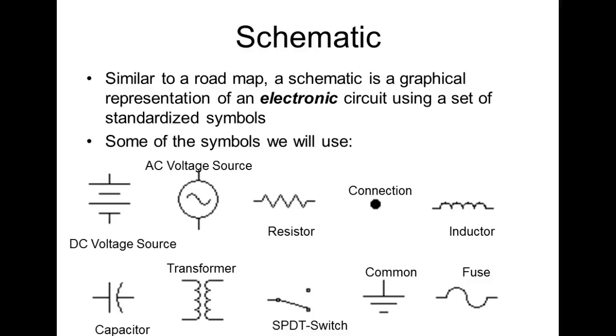Y'all understand the difference between those now? What's splicing? No, what is splicing? That's when we connect two wires together. That's the way we physically connect two wires together, two conductors together. And then what's termination?